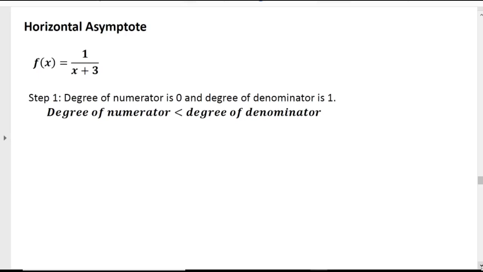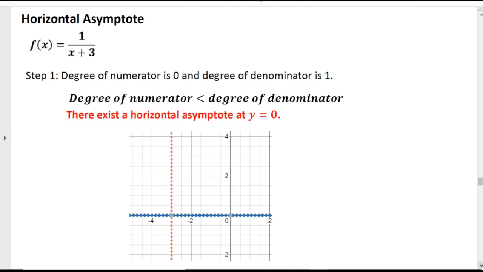So that means that the degree of the numerator is less than the degree of the denominator. So if that happens, then your horizontal asymptote is going to be the x-axis, which is represented with the blue line here.